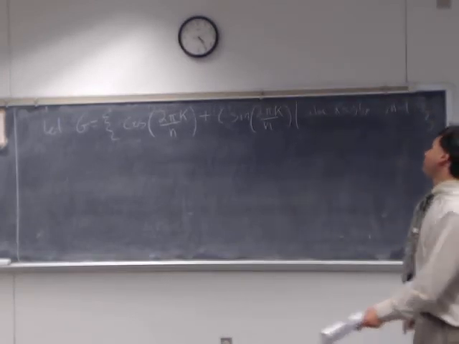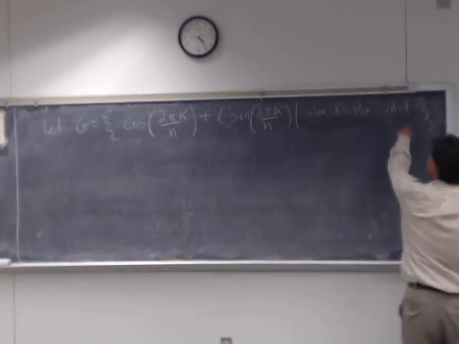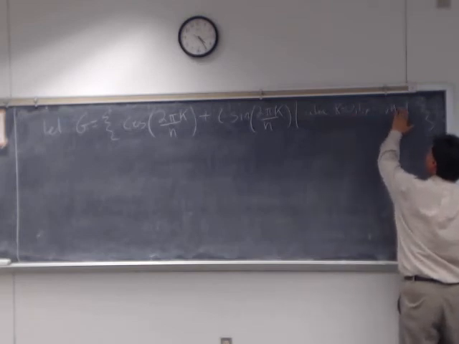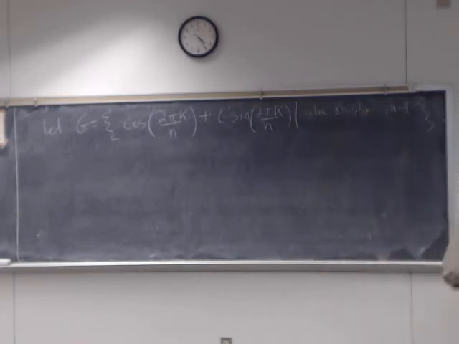So certainly G has at most n elements, right? 1 to n minus 1 is n minus 1 elements, but then we have 0 there.